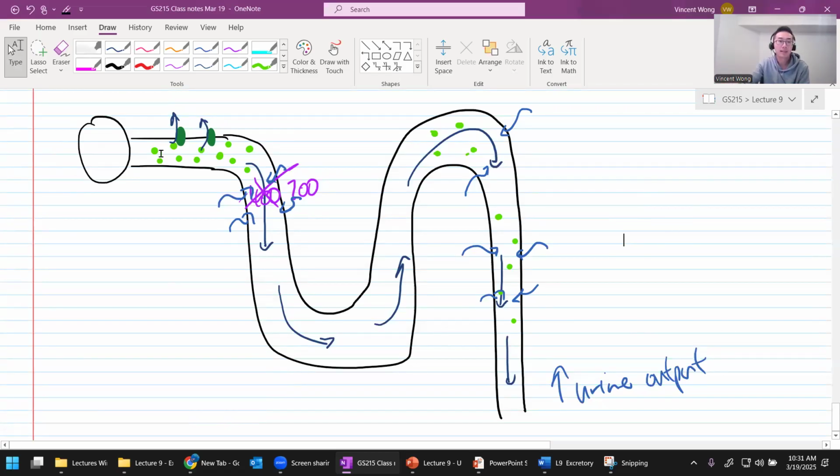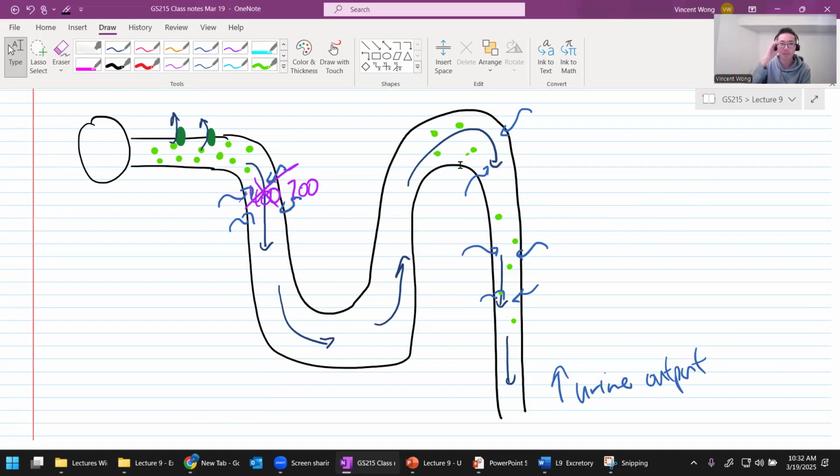The green dots here represent glucose, but it doesn't have to be glucose. It could be caffeine. You drink coffee, it goes into the nephron, and you don't have a transporter for caffeine. So all the caffeine stays in the filtrate and sucks water from the surrounding tissue, and you pee more. That's why drinking coffee makes you pee more.